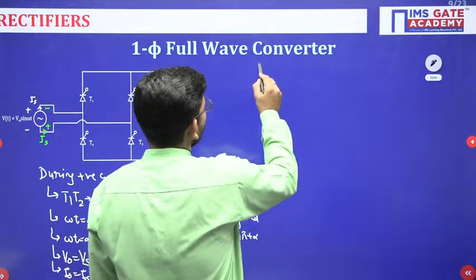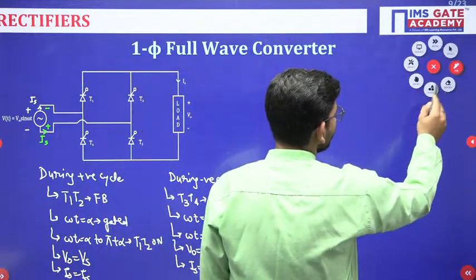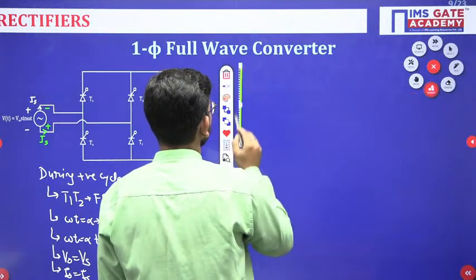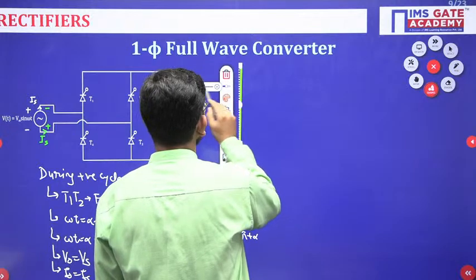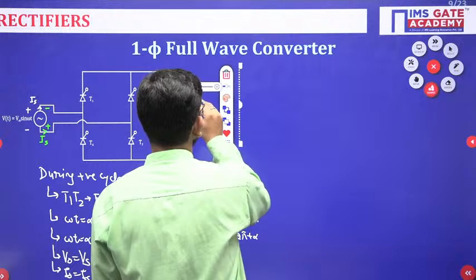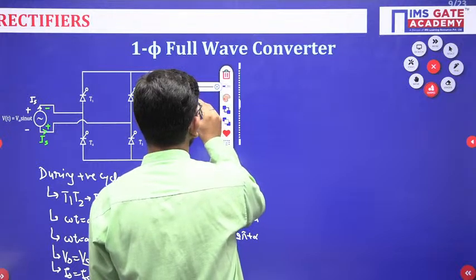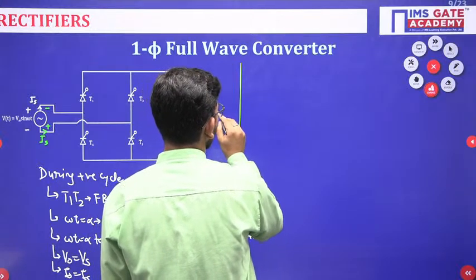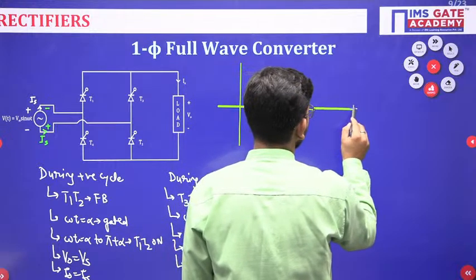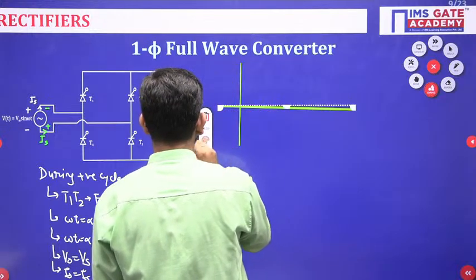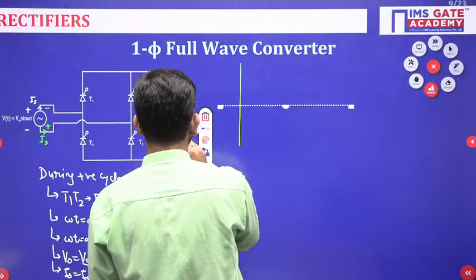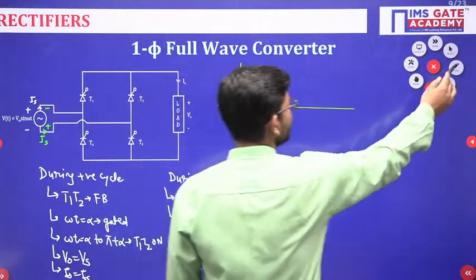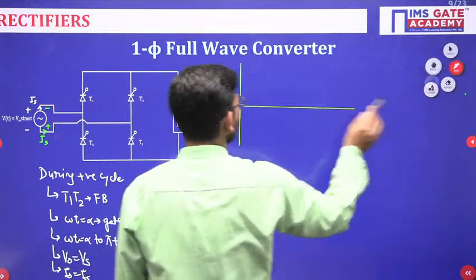How will the output voltage waveform be? So let me just draw the output voltage waveform. Just see the output voltage waveform, it will have this particular shape.